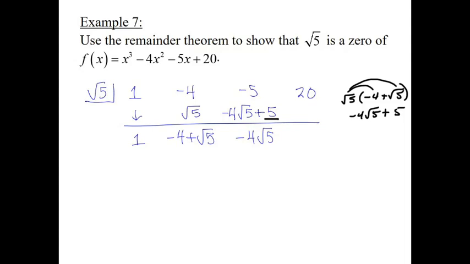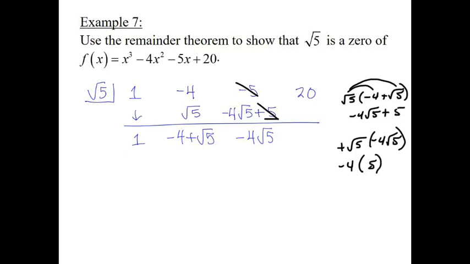Okay. Then when you add those, this and this add to be 0. And so you end up with -4 times the square root of 5. And then to multiply that, you have -4, and then square root of 5 times square root of 5 is 25. I'm sorry, 5.